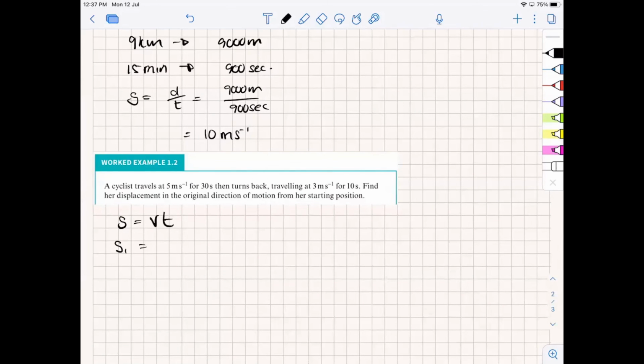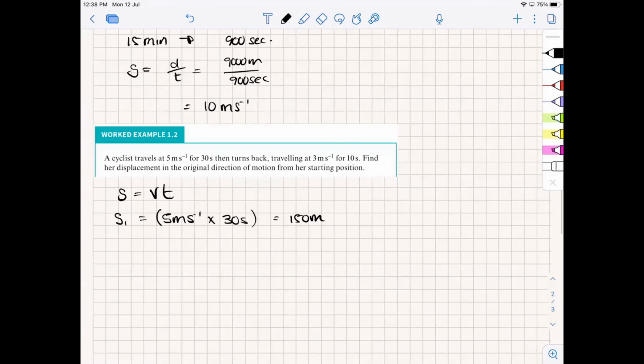Okay, that was 5 meters per second for 30 seconds. What's that going to give me? 150 meters, right? So if I've defined that going in that direction as positive, my second displacement, what will my second velocity be, Toya?